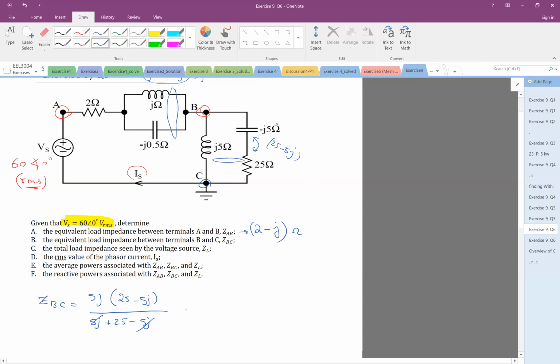The 5J and 5J cancel each other out, leaving 5. So J times this divided by 5 is 5 minus J, so 5J minus J squared, which is 1 plus 5J. So this part's equivalent is 1 plus 5J.